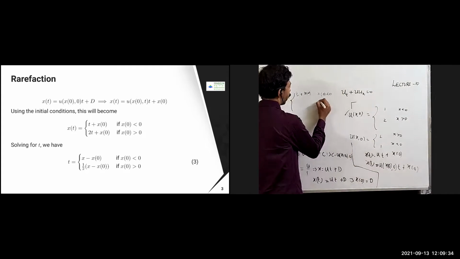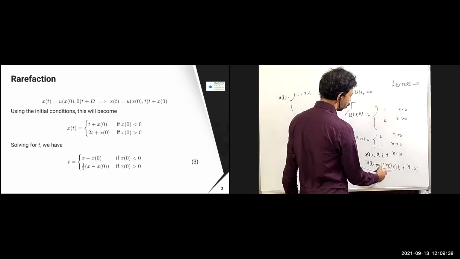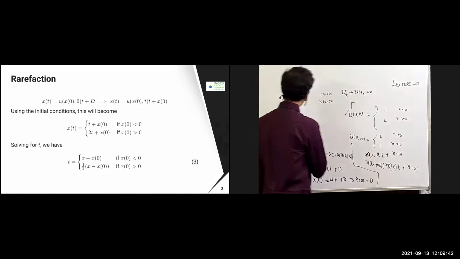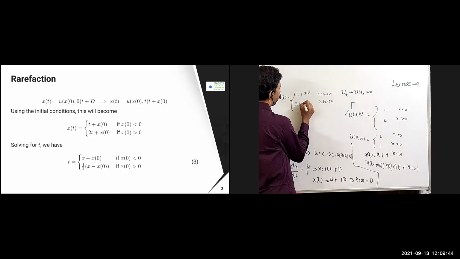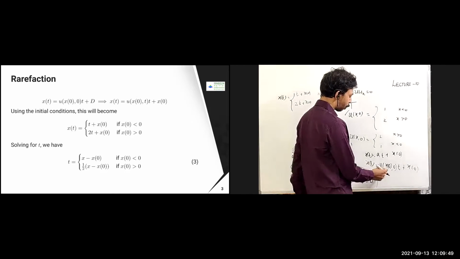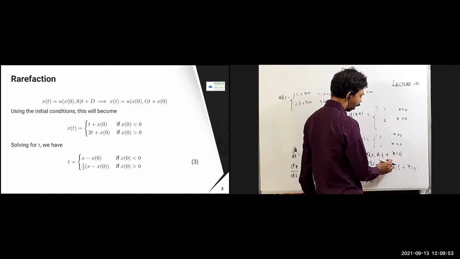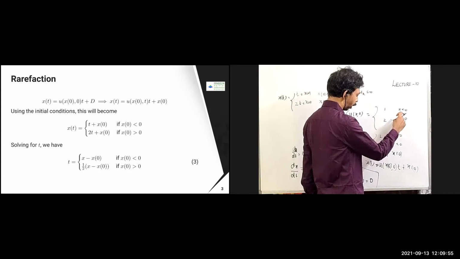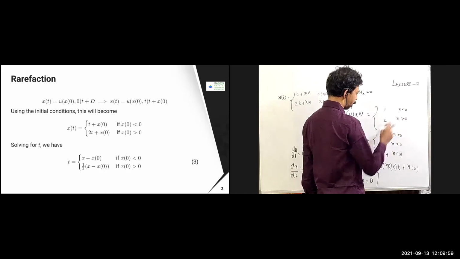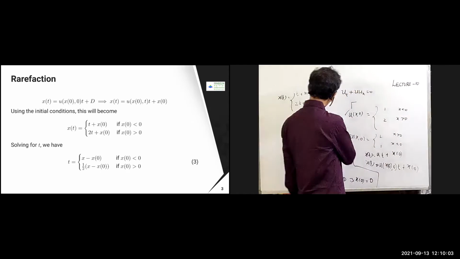When x of 0 is greater than 0, this becomes 2, so 2t plus x naught. This x of t depends on x of 0 and t only. For x of 0 less than 0 and greater than 0, I know the initial condition, so I get these values of u of x, 0.